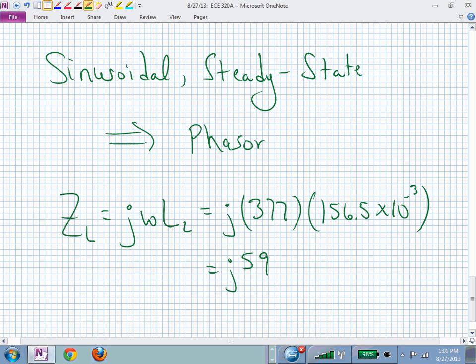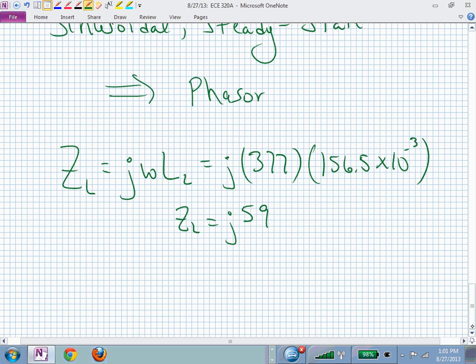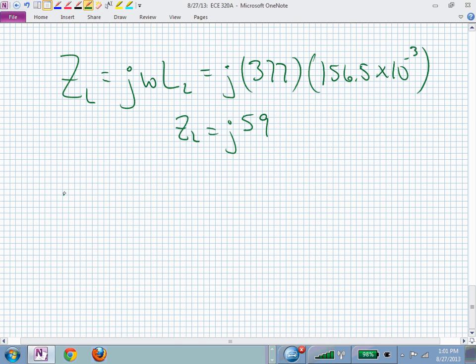If you do that calculation, hopefully you'll get something close to 59. Now that impedance of that inductor is j59. And we can do a similar computation for the line inductor.